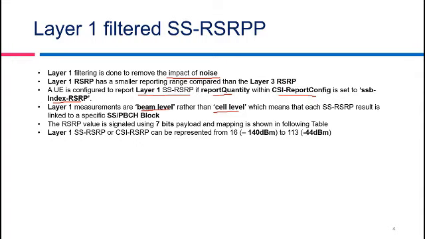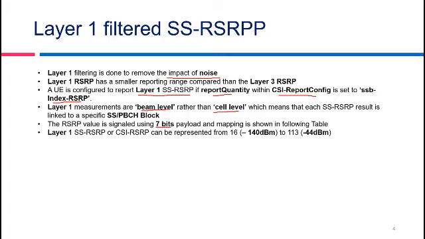Which means the SS result is linked to a specific SS or PBCH block. The RSRP value for layer 1 or layer 3 can be represented by a 7-bit payload, and the mapping is discussed in the further slides.